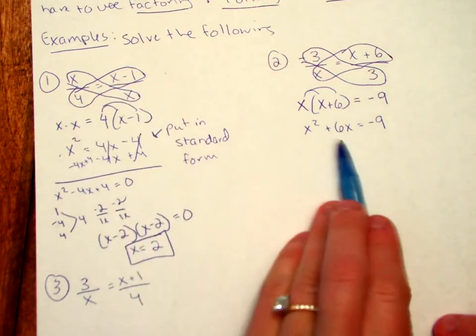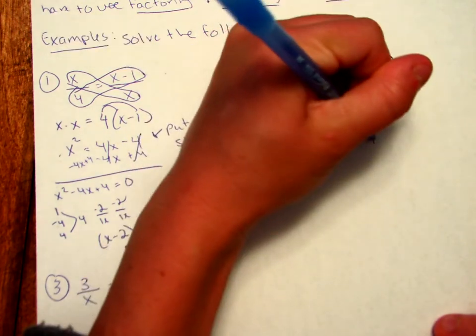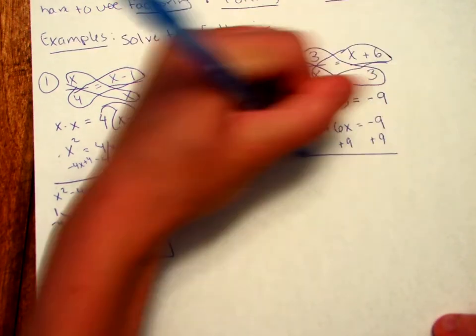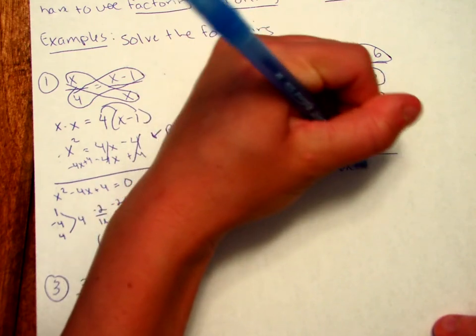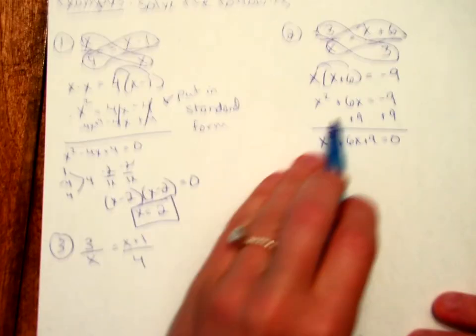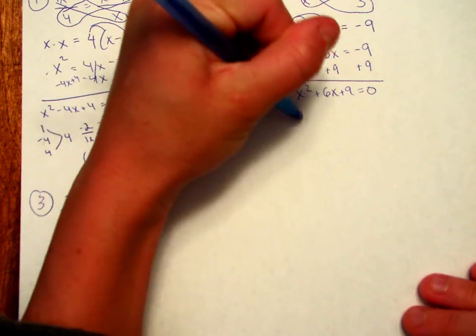Again, I want to put that in standard form, so I just add the 9 over. And I'm left with x squared plus 6x plus 9 equals 0. Remember, the 6x and the 9 can't be combined because they're not like terms. So then I'm going to ABC it.